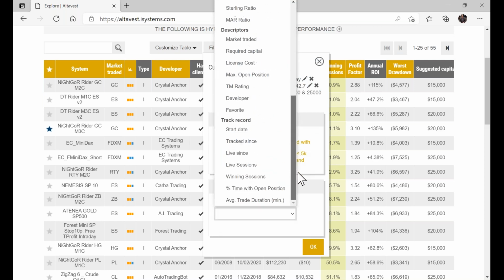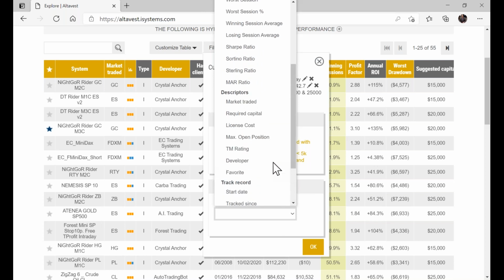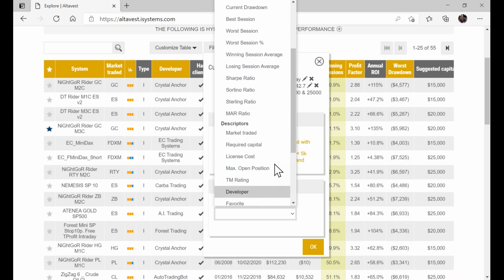And by the time you're done, you might have just a handful of systems that meet the criteria that suit you. Remember, you're trying to pick systems that you like, that are suitable for you based off of your interest and your risk and reward profile. Maybe you want systems that are only day trading. Perhaps you're looking at a particular amount of capital.